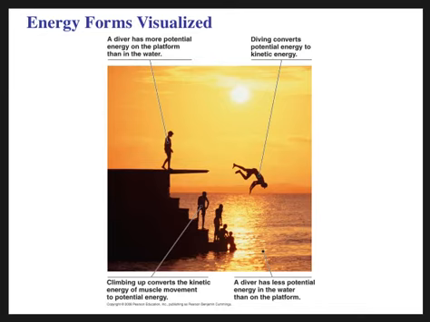This is showing you that that diver has more potential energy up on the platform. It's going to convert that potential energy into kinetic energy through that motion as it dives into the water. In the water, it has less potential energy than it had on the platform. And then as it climbs those stairs, it's going to convert the kinetic energy of those muscle movements into potential energy when it gets back up to the top of that platform.